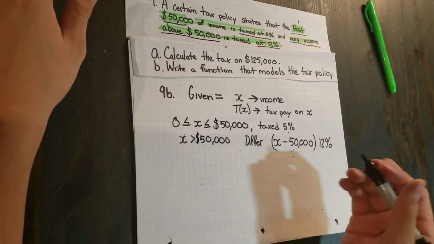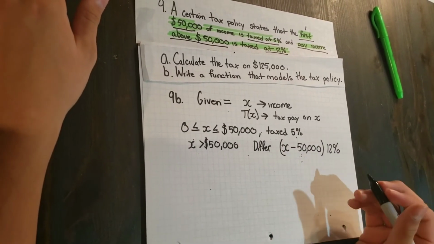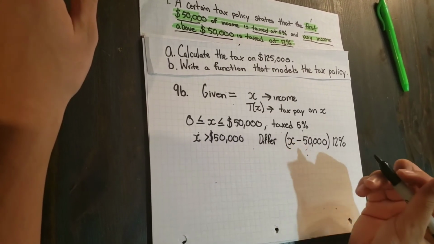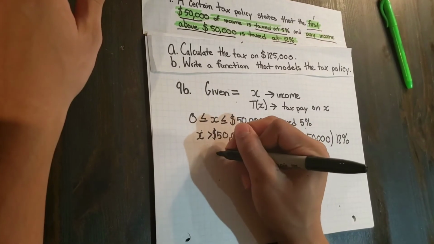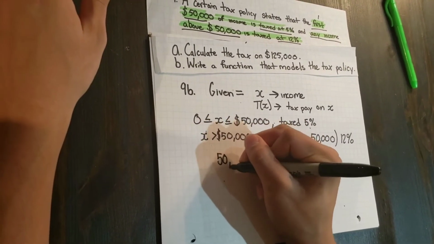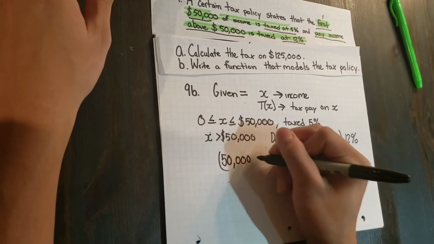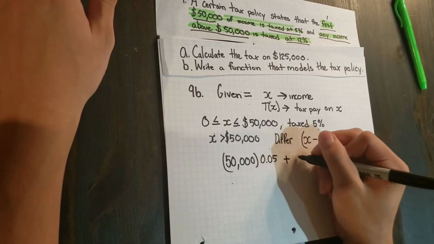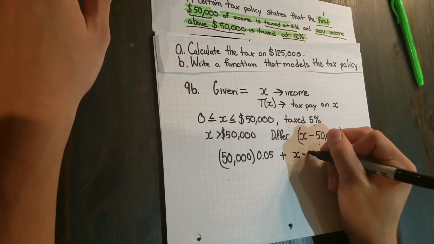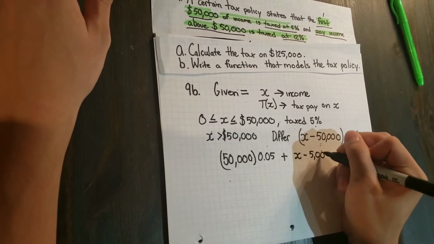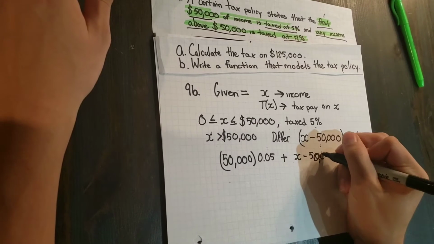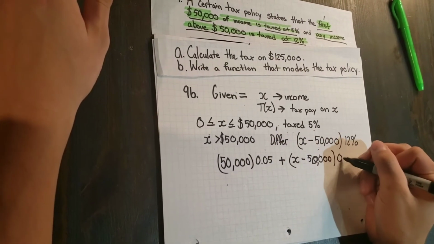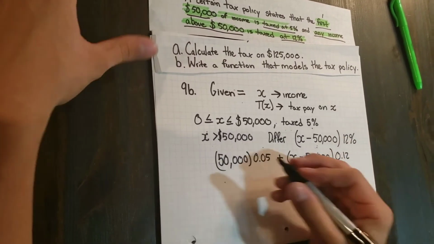Now that we have two of our equations, let's solve for anything greater than $50,000. So, 50,000 multiplied by 0.05 plus x minus 50,000 multiplied by 0.12, which is 12%.